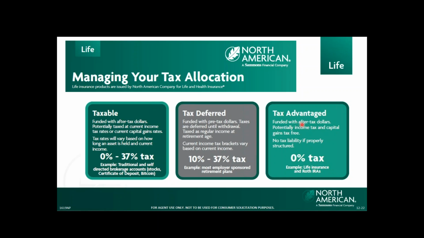So you're putting after-tax dollars in that are going to be income tax and capital gains tax-free in the future. And as long as it's structured properly, and this is where you're going to rely on the expertise of Ogletree when they run the illustrations for you, we're going to make sure that we design it not to become a MAC, a modified endowment contract, so that it maintains its tax advantages.